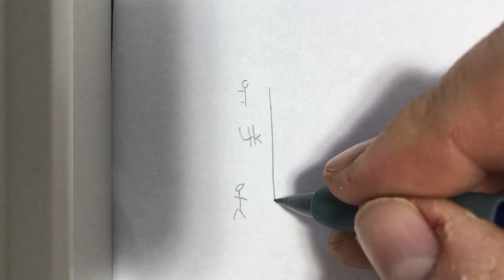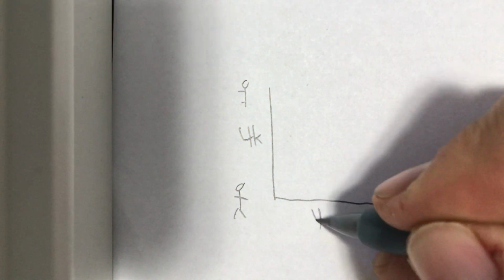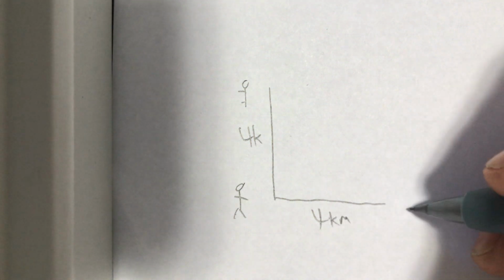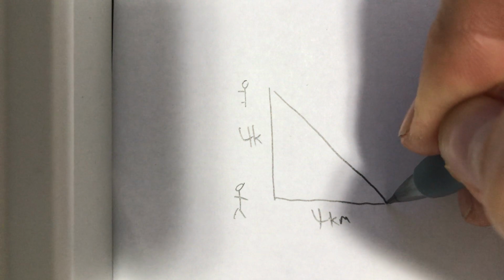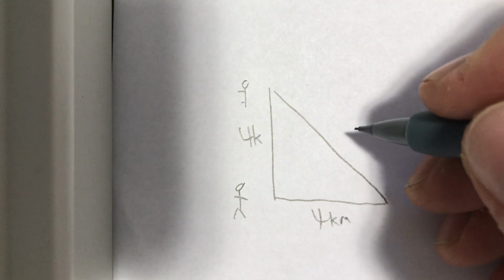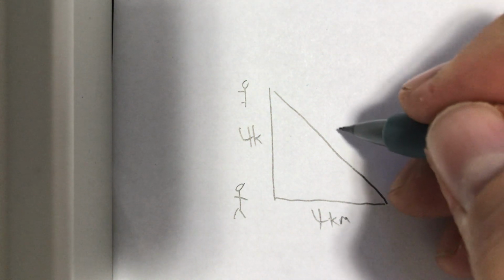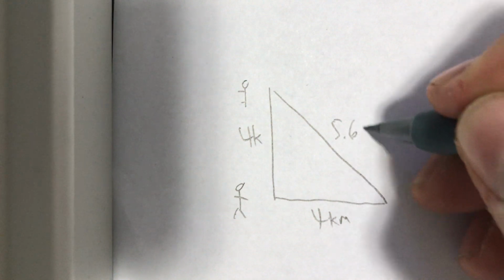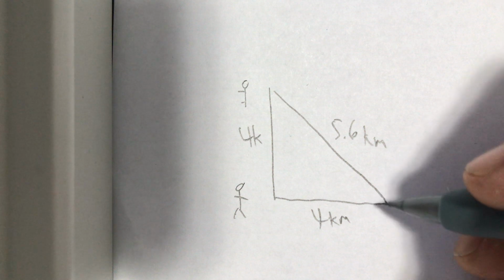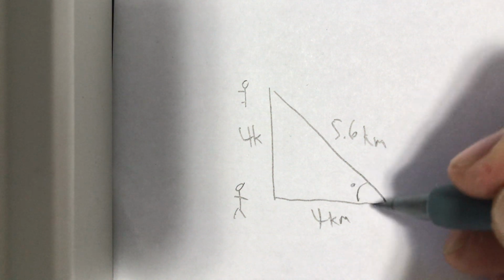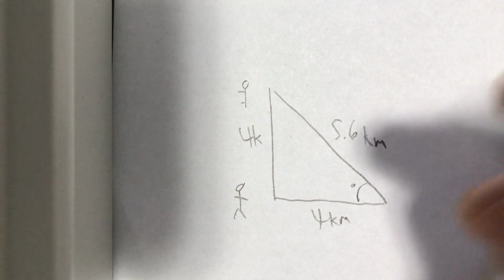This guy's looking at an object that's 4 kilometers away. Now this guy's also looking at that same object, and he's paced it off and he knows that it's 5.6 kilometers away. We're trying to figure out this angle for our purposes.